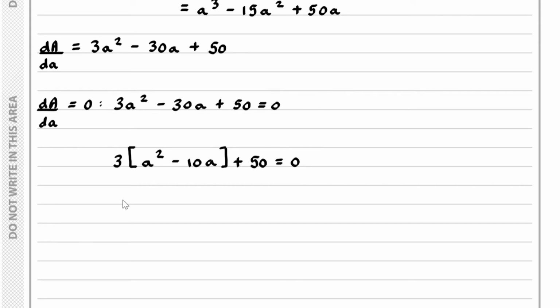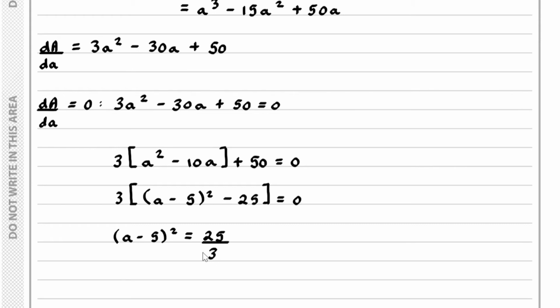Now completing the square of this, we have 3 multiplied by, well, here I have a subtract 5 all squared subtract 25 equals 0. So a minus 5 squared equals 25 over 3.